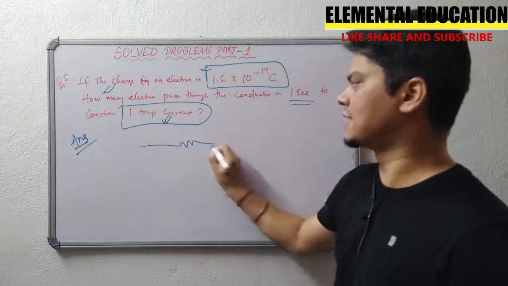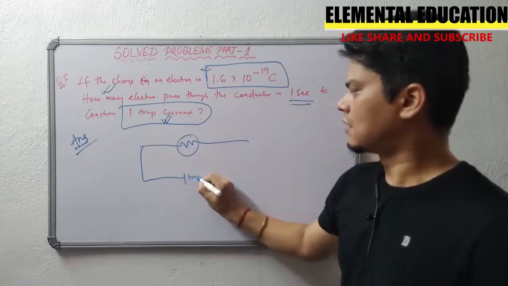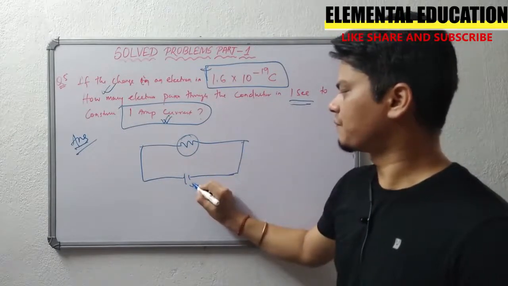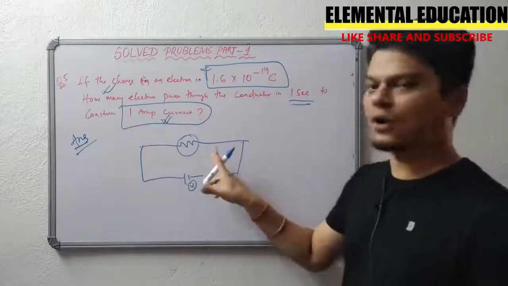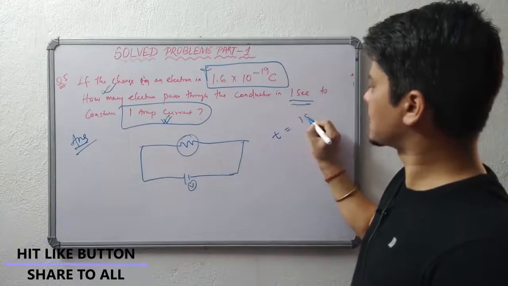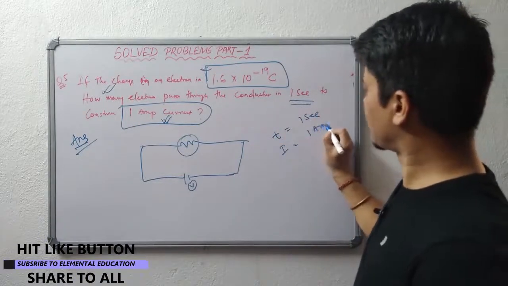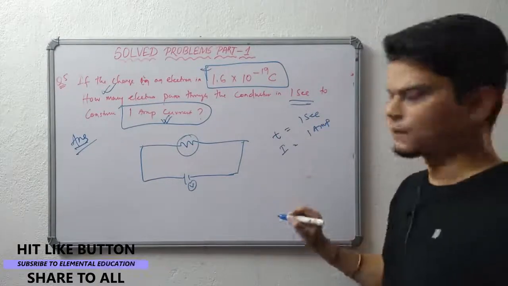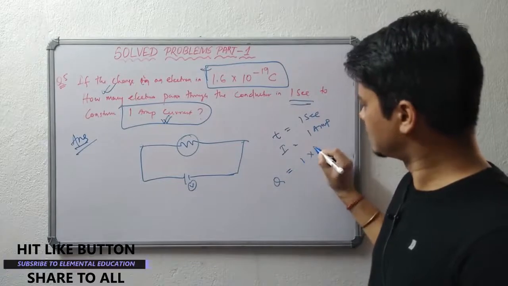Suppose there is a circuit and these are loads. There is a potential difference of V. Always remember to draw the diagram. Now the time is given as 1 second, current is given as 1 ampere. So we know Q equal to I into T.